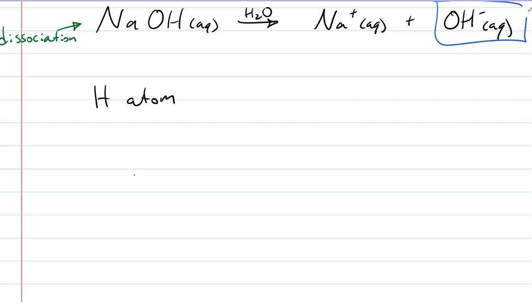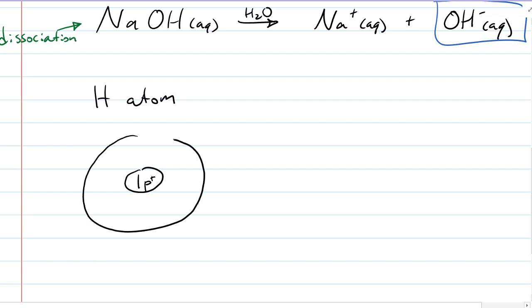The most abundant isotope of hydrogen is hydrogen 1. So if we drew a structure of a hydrogen atom, what are we going to find in the nucleus? Proton. 1 proton, right? And out in the electron cloud, how many electrons are we going to find? 1 electron. And of course that's because the atomic number of hydrogen is 1.